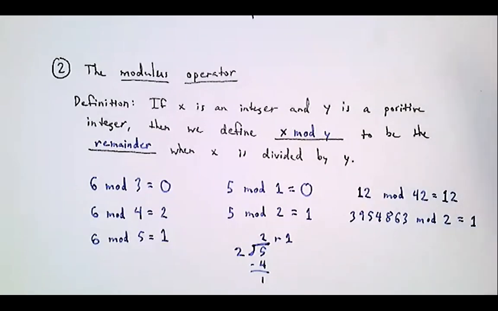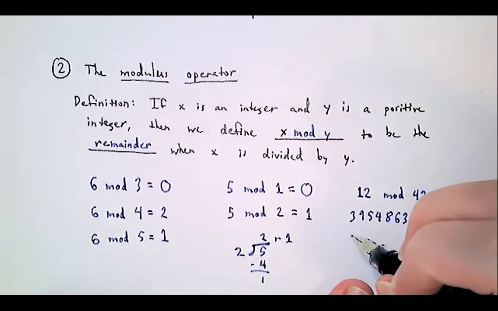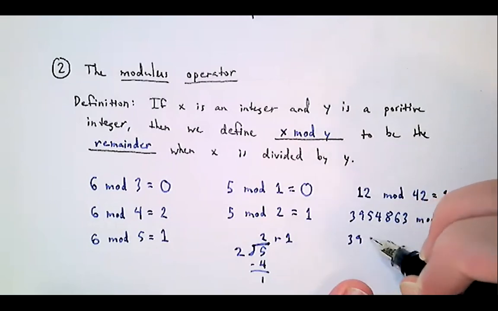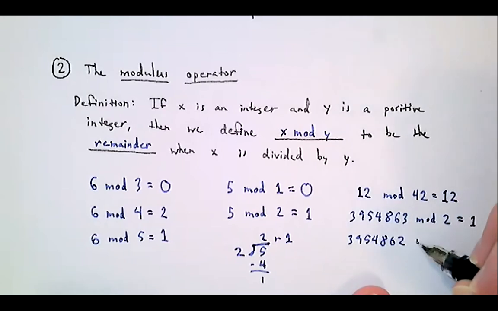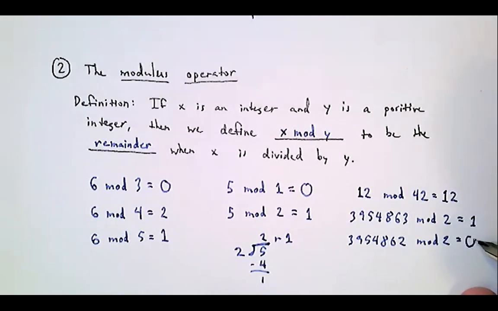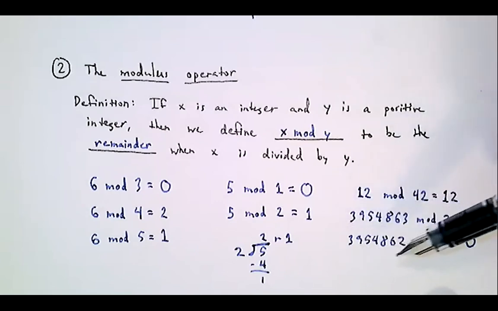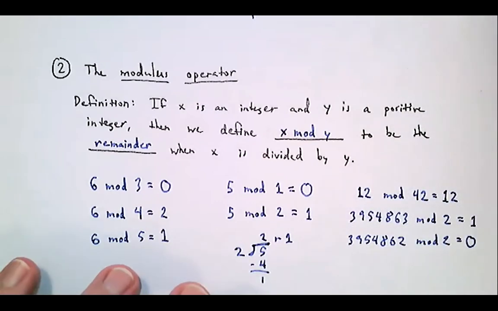It's an odd number, right. So if I picked another big even number, what would the answer be? 0. Good. So an important property of the operator modulo 2 is that if you plug in an odd number, you'll always get 1. And if you plug in an even number, you'll always get 0.